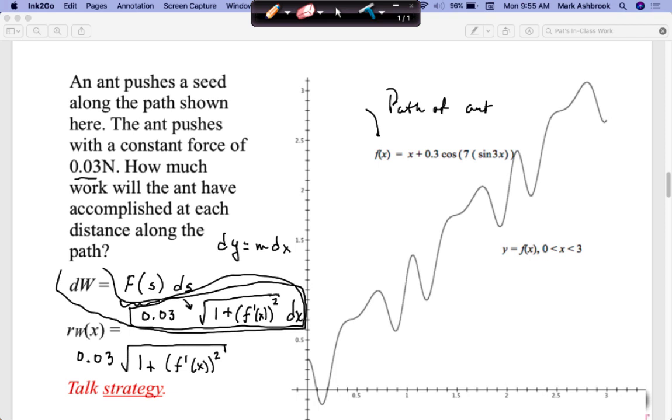So it's just transforming that force into the horizontal variable that we need. So this is force. The rate of change of work is force. That's what this is. It's the 0.03, just transformed from arc length variable to x variable. So that's a big takeaway here. The rate of change of work is force.